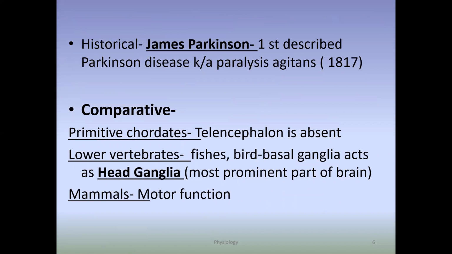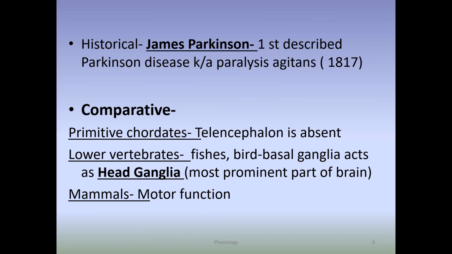About the historical aspect, James Parkinson first described what is called Parkinson disease, also called paralysis agitans. Then, comparatively, when there is development from unicellular to multicellular organism, various changes take place in each and every system. Similarly, in the basal ganglia, in the primitive cortex, the telencephalon is absent, while in lower vertebrates like fishes and birds, the basal ganglia is well developed.